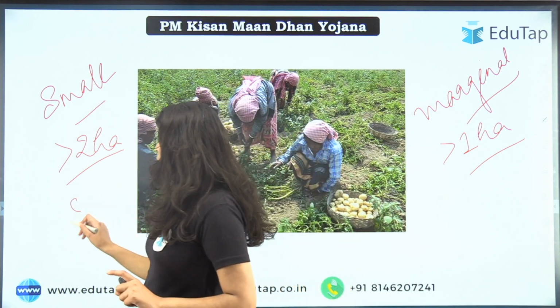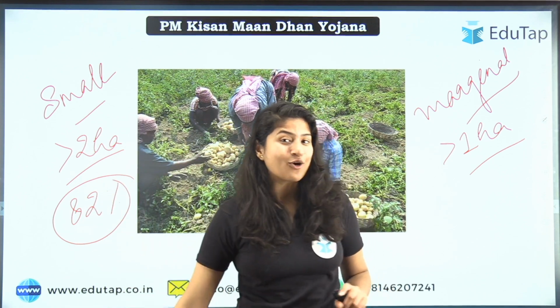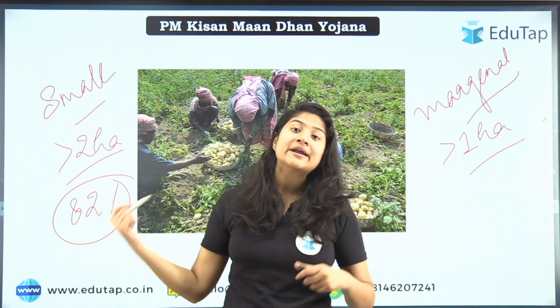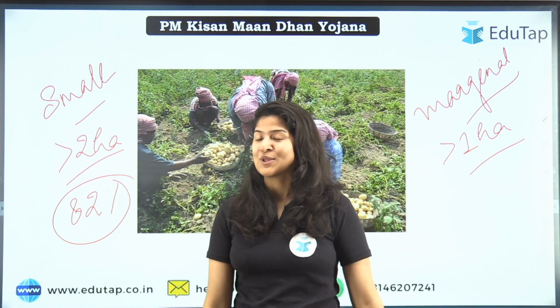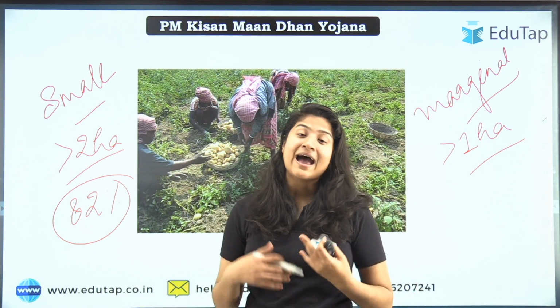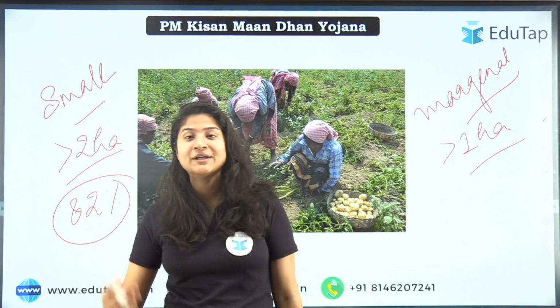Second thing is, most of you must be shocked to know that 82% of the farmers that exist in India belong to the small and marginal farmers category. So you can assume the struggle they have to face in their daily lives for their survival, for their livelihood.